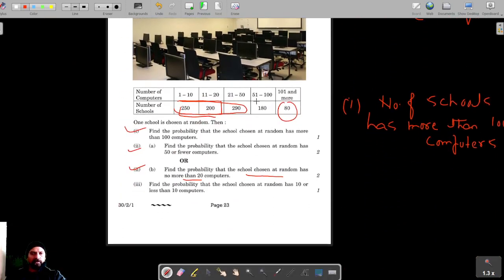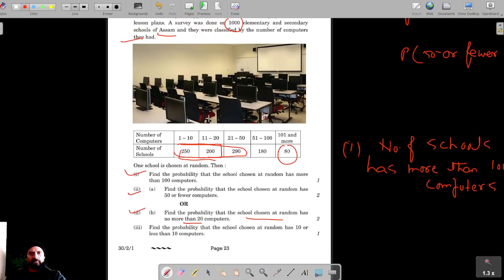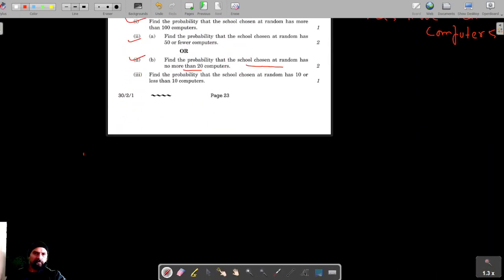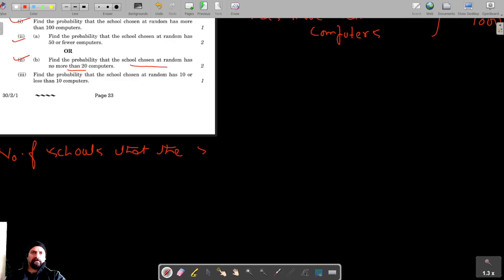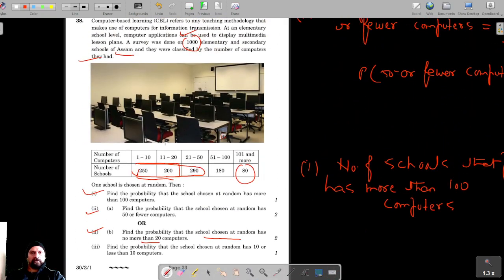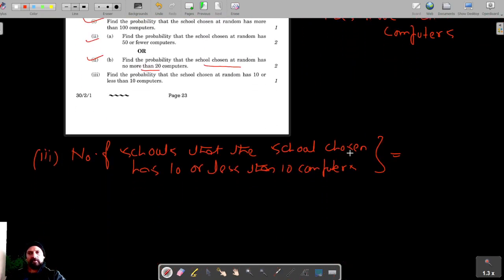Okay, now last one, which asks the probability that a school chosen at random has 10 or less than 10 computers. So let's first write down the number of schools that has 10 or less than 10 computers, which are 250.